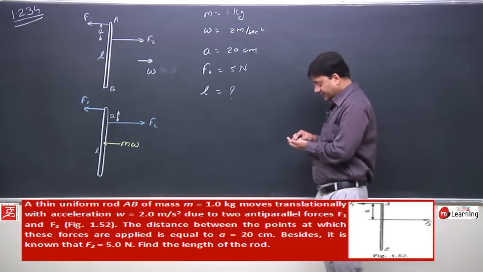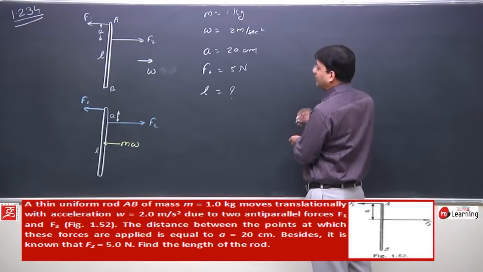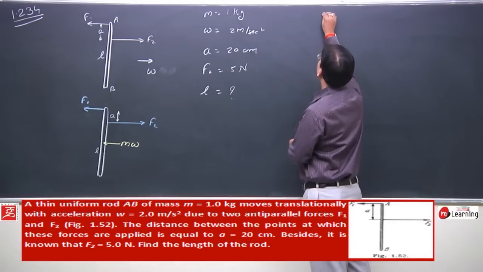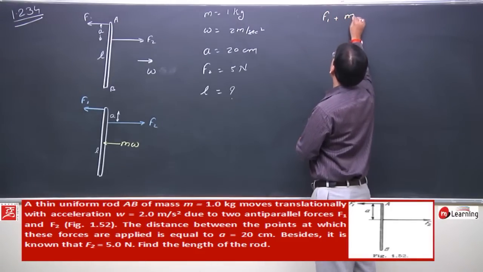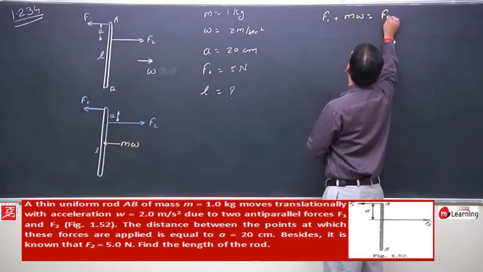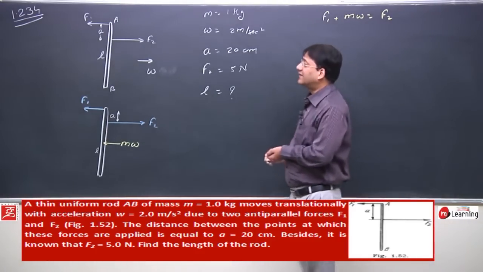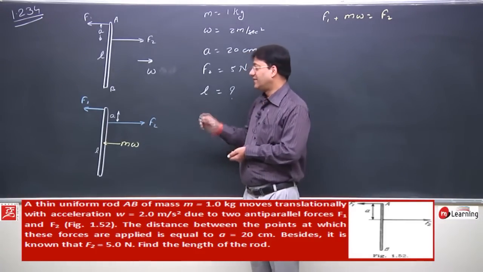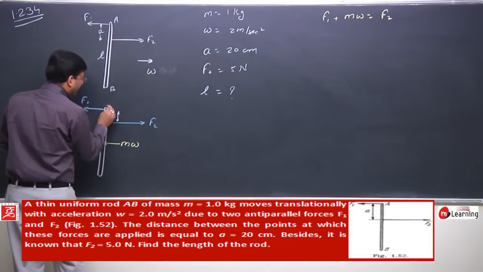Now I can write the first equation. F1 plus MW is equal to F2. And another equation that I can write is, if I write torque about this point, it is 0.